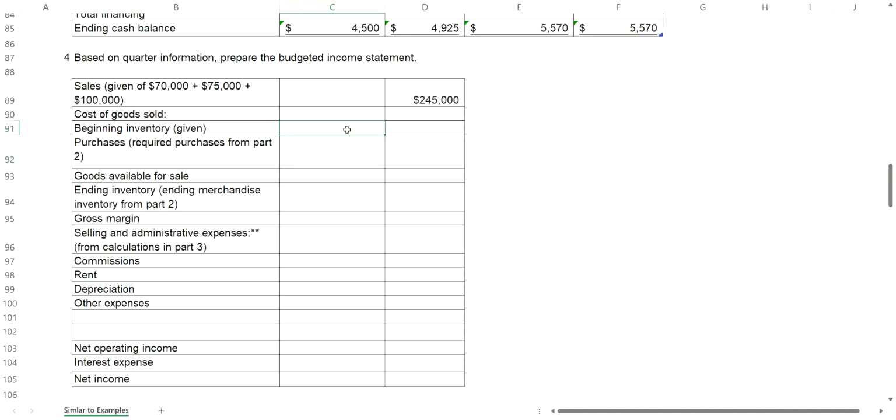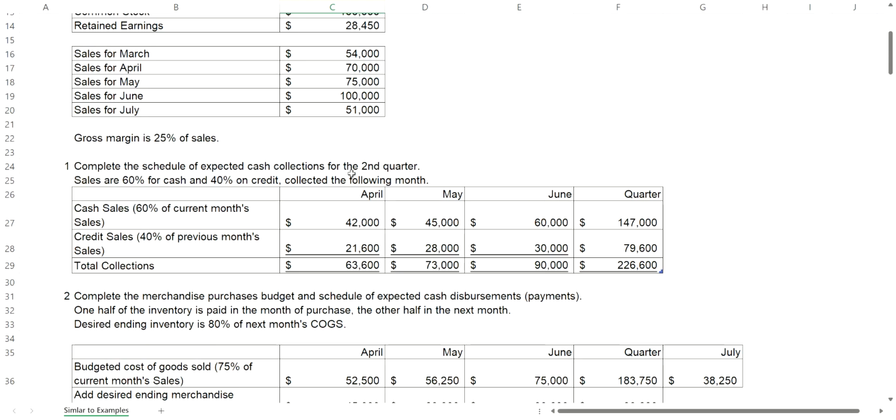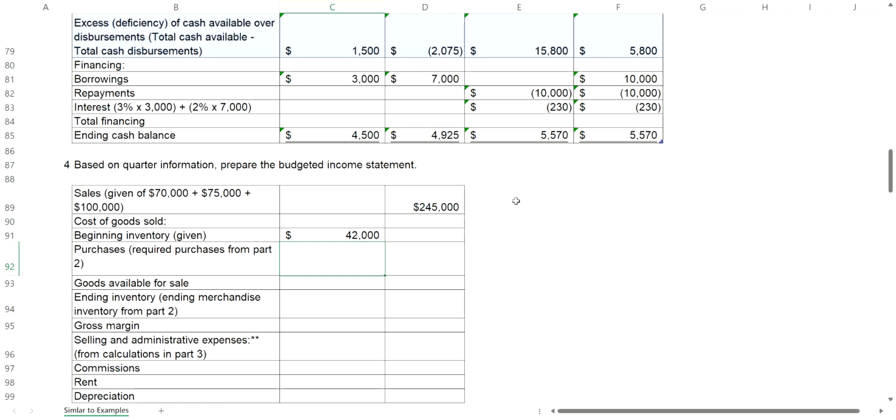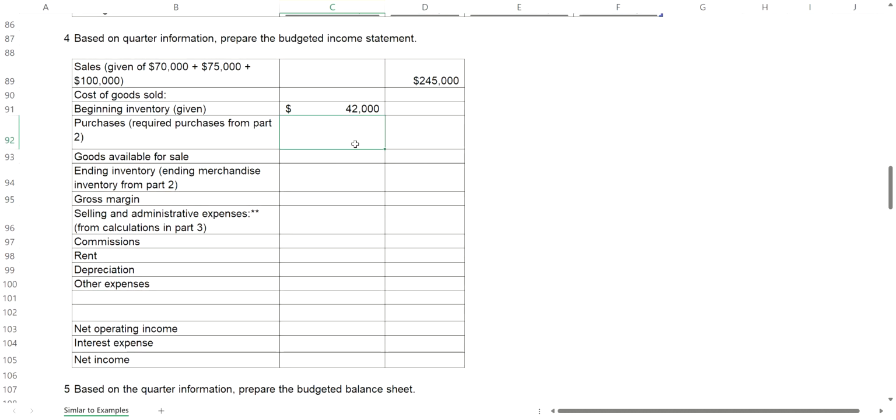For budgeted cost of goods sold, we want to start with the beginning inventory, which again, if we go back to our information at the beginning of the problem, our beginning inventory is the same as the end of March, $42,000. And then take a look at our purchases that we came up with in part 2.